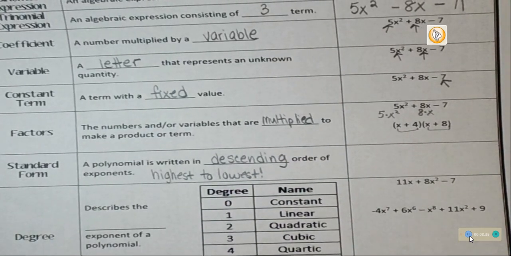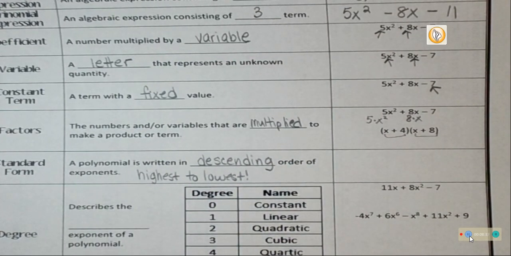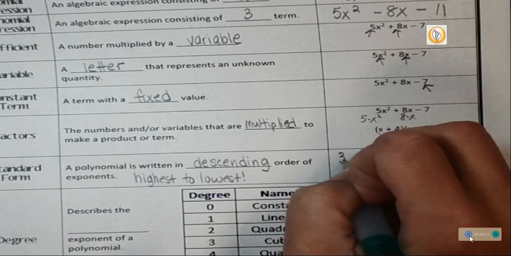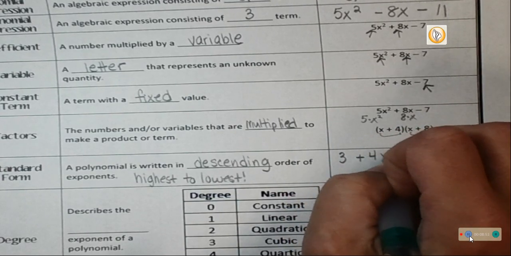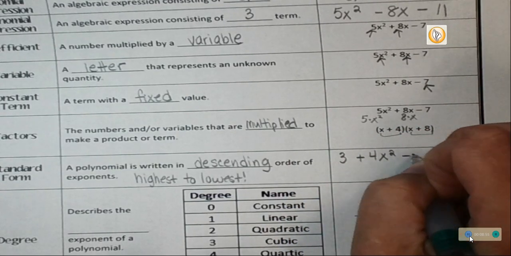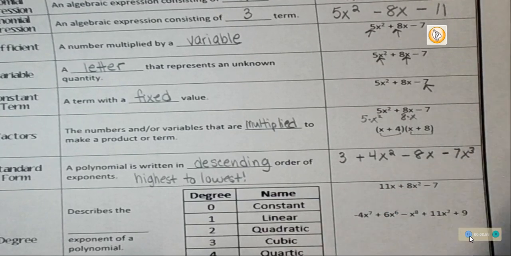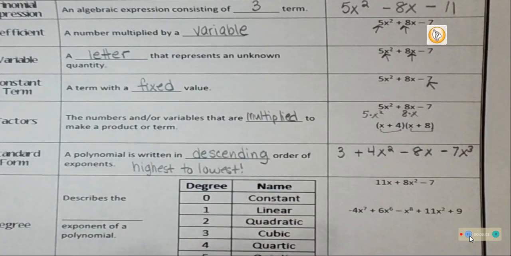So I'm going to write down a polynomial that's not going to be in the right order, and you're going to put it in order. If I give you 3 plus 4x squared minus 8x minus 7x to the third, that is not in standard form.